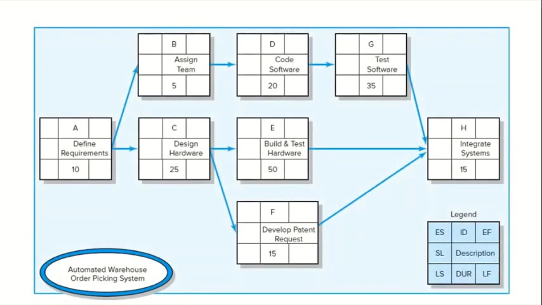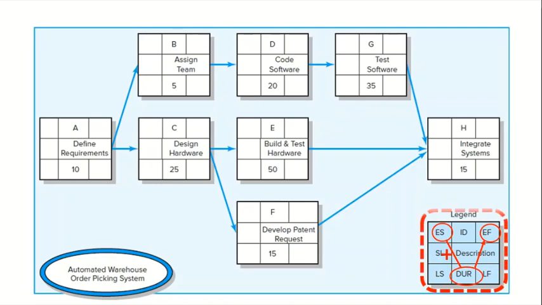The forward pass starts with the first project activity and traces each path through the network to the last project activity. As you trace along the path, you add the activity times. ES plus the duration of that activity equals EF, or early finish.